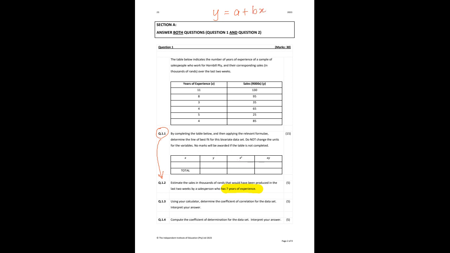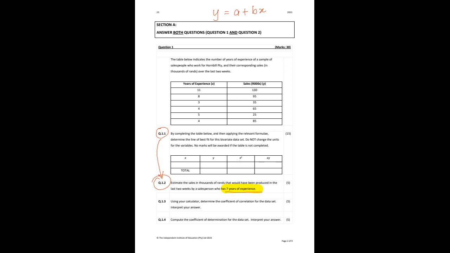Once you have the values for A and B, your last step in question 1.1 would have been to plug in the values into that formula. Once you have the formula for question 1.2 now, your years of experience is your X variable.